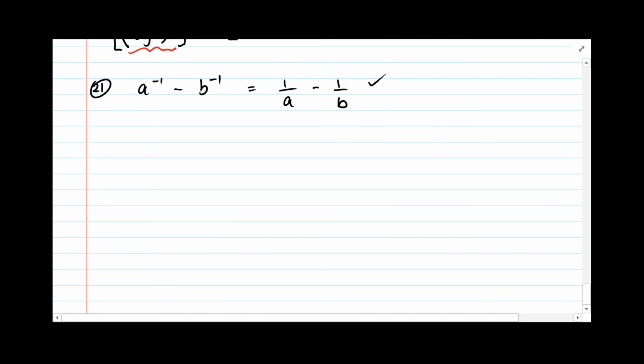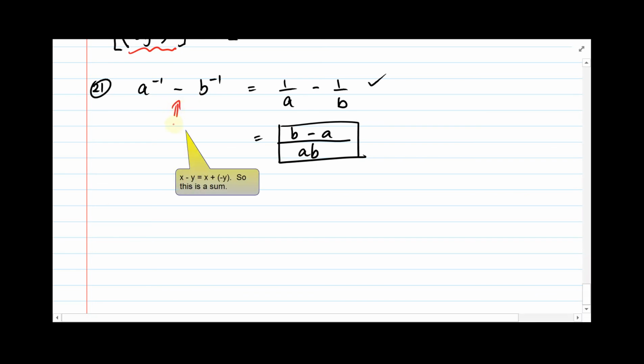If I wanted it as one term, then the denominator would be ab and the numerator b minus a, and this would be our final answer. All right. Notice this is a sum, not a product.